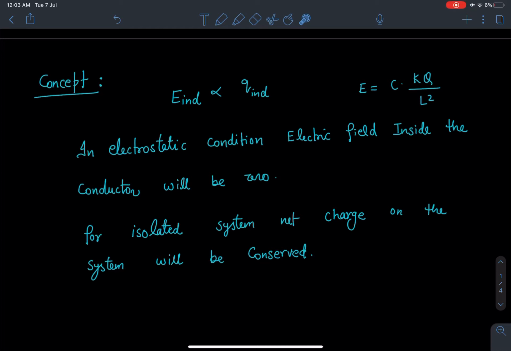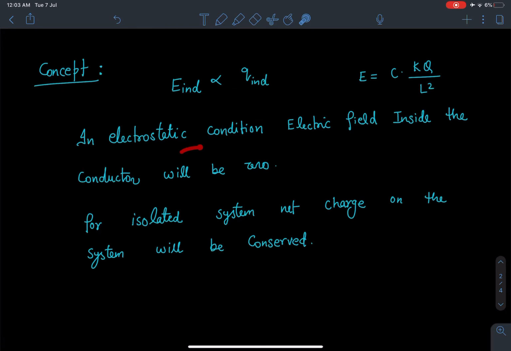Another point which we have to remember is, in electrostatic conditions, the electric field inside the conductor will be zero. Wherever metal part is present, at that place electric field value will be zero. That is due to the external field plus field due to induced charges. That vector sum has to be zero within the conductor.